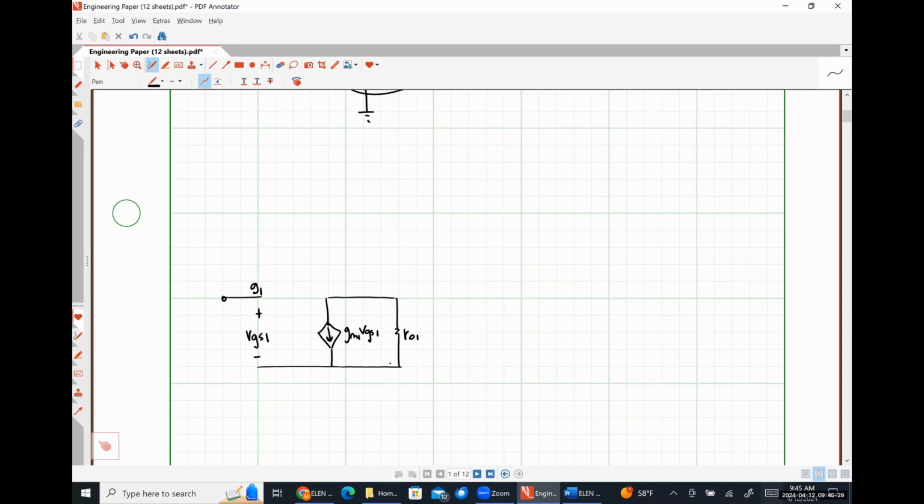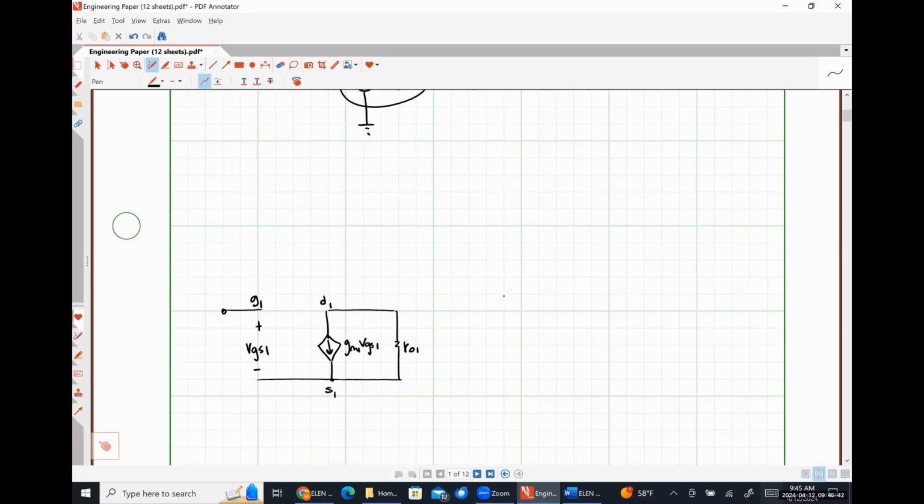And then let's label this node right here, the source of M1, and this node right here, the drain of M1. And then up above it, make sure I give myself enough room, I'm going to work on transistor M3. So here's ro3.